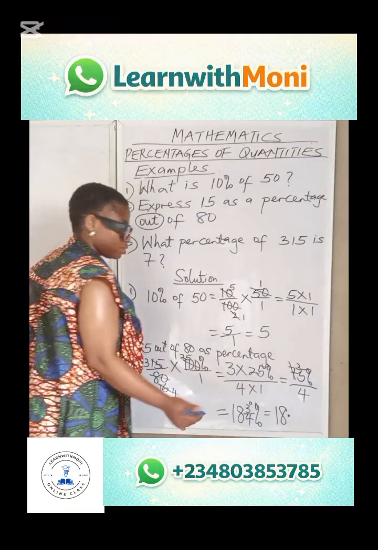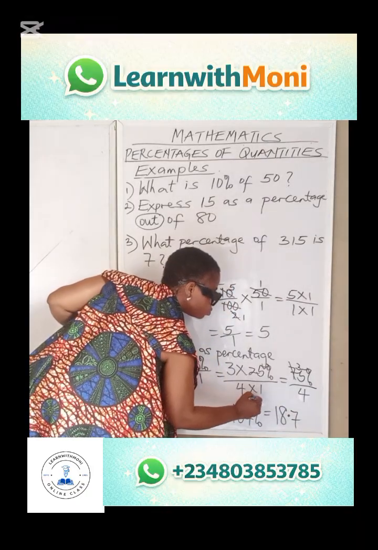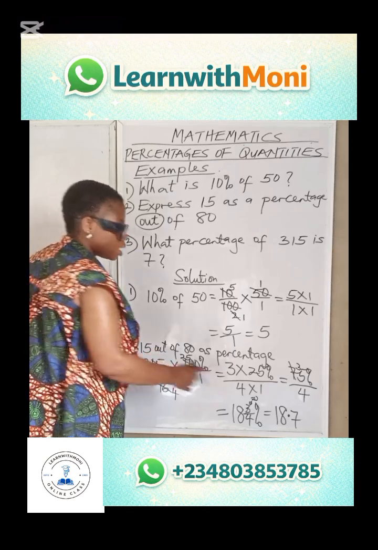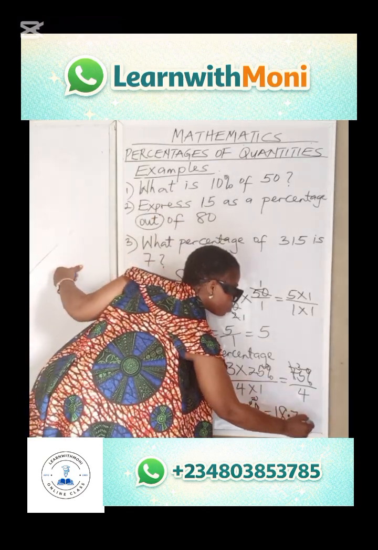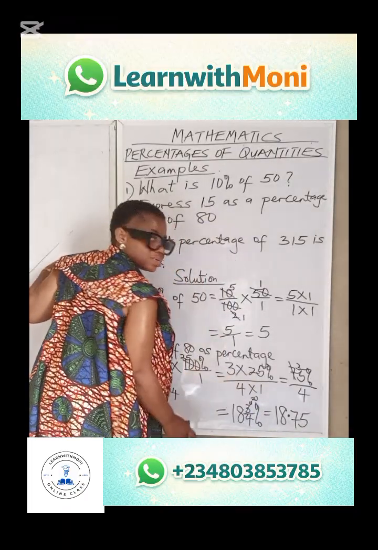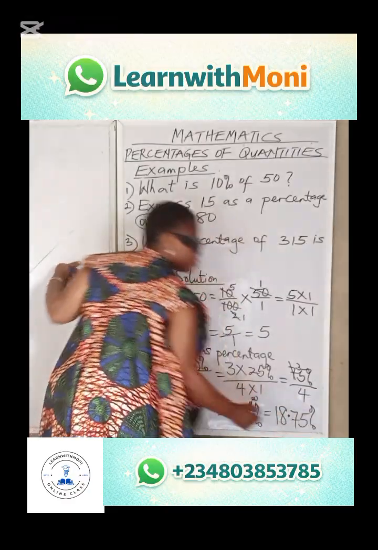That is 28, which is 7. And this will remain 2. We put an invisible 0 behind the 2, making it 20. How many 4 can we get from 20? That is 5. So 18 wholes 3 over 4% is the same thing as 18.75%.